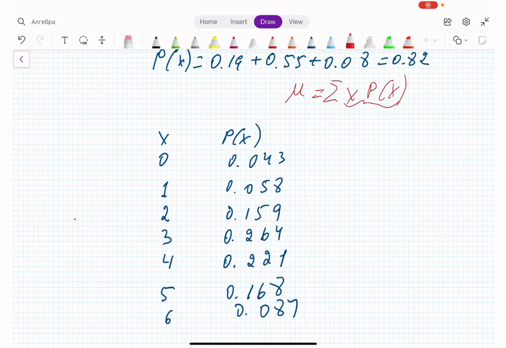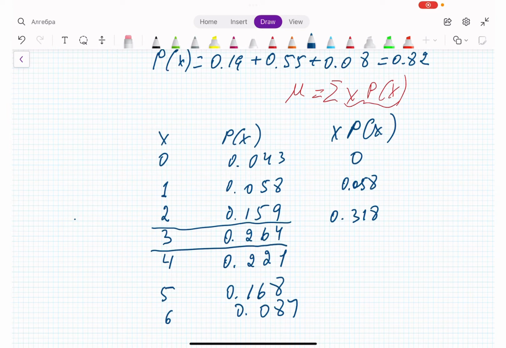Let me do it. X times probability of x. So 0 times 0.043 is 0, and 1 times 0.058 is 0.058. To go fast, I'm just going to use a calculator. 0.159 times 2 is 0.318.